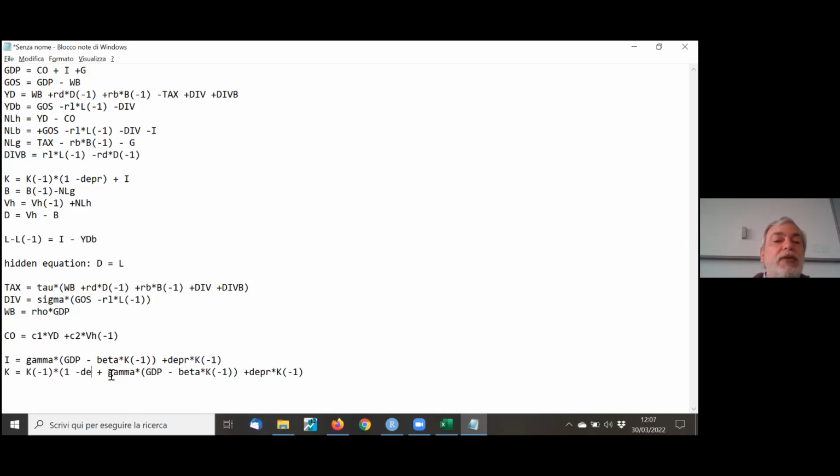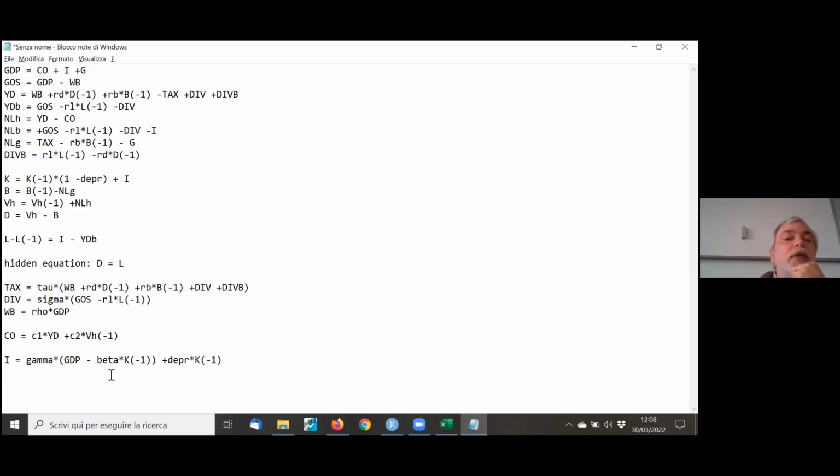So this simplifies to this equation here. But if they're both, they're not positive? What is not positive? The capital stock, yeah, it will be positive. Anyway, let's try to. No, because it's k minus 1 multiplied by minus depreciation. So no, it's negative. Fine.